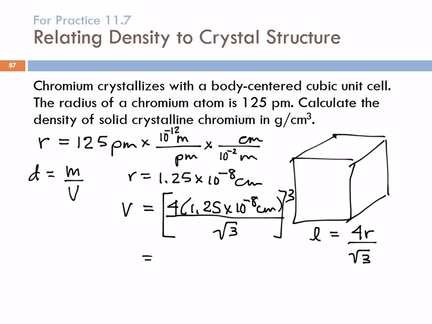So I'm coming up with 2.4056 times 10 to the minus 23rd.